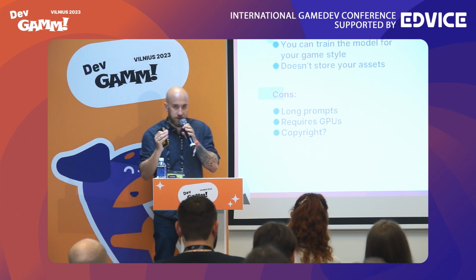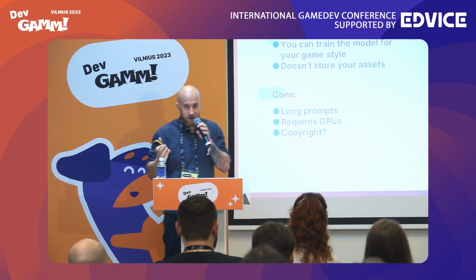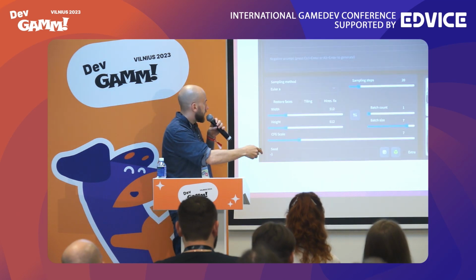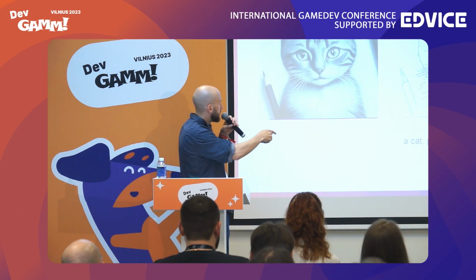Here are the rules, and it will generate them. And in fact, let me show you this image. Oh, it was in the very beginning. So yeah, one image from the very beginning of this presentation was generated with the prompts from ChatGPT.